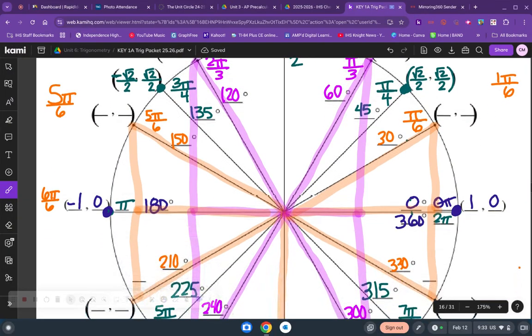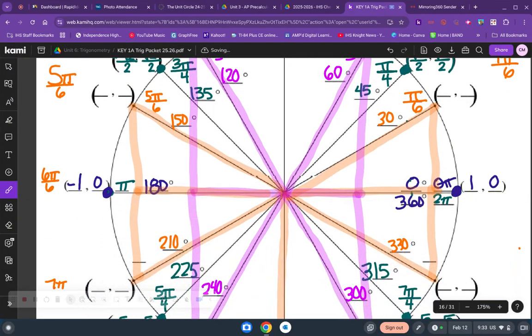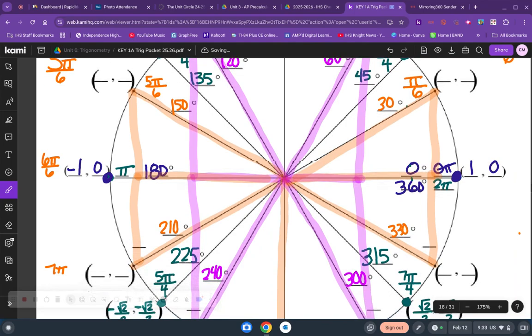Again, 7 pi over 6, and that's not going to simplify at all. So 7 pi over 6 is at 210 degrees.